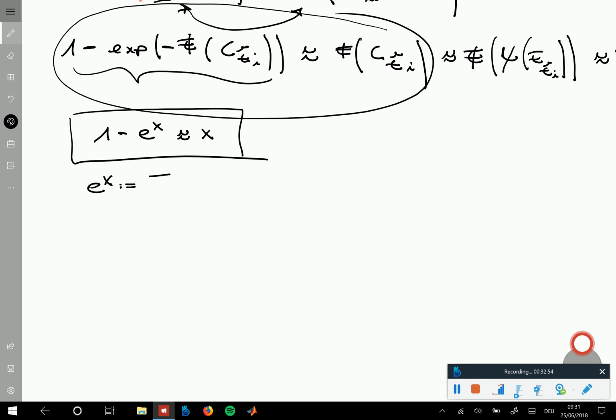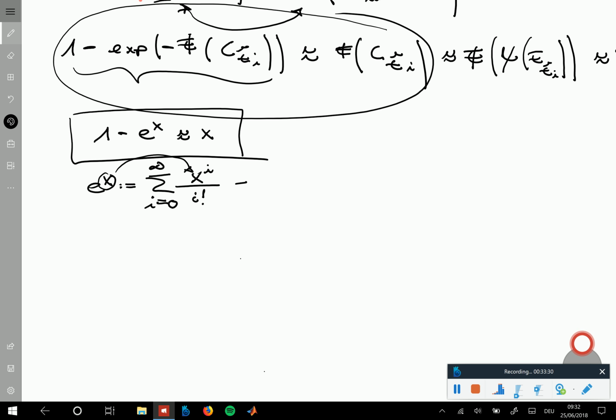You either know or kind of know that the exponential function is defined as a series, so an infinite sum. So exponential of x, e to the power of x, is defined as the infinite sum over the terms x to the i divided by factorial of i. So that's how you evaluate e to the x.